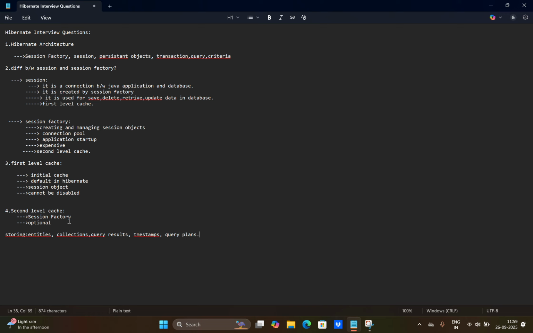While coming to the disadvantages of the second level cache, one is that it's expensive compared to the session; the cost is higher. Complexity is more. And it provides limited size only.